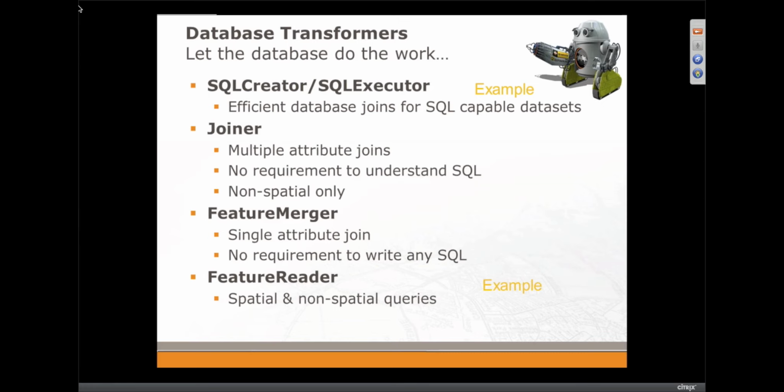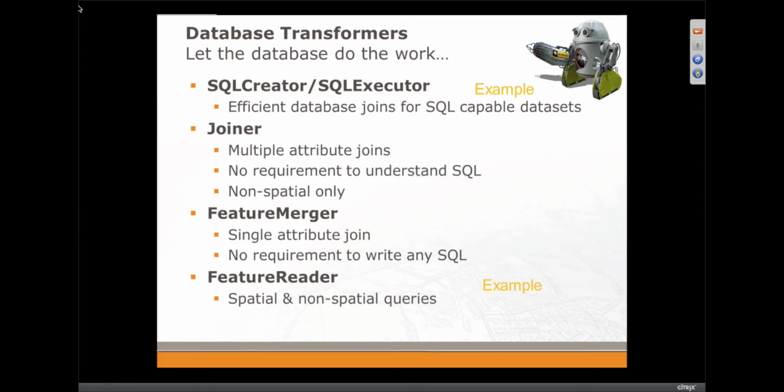It just allows you to do a very simple join based on multiple attributes to a database. It's a non-spatial tool, so it's basically there to help you join together non-spatial data, usually to some spatial data, in a similar way that I was joining the customer table to the supply points earlier on.